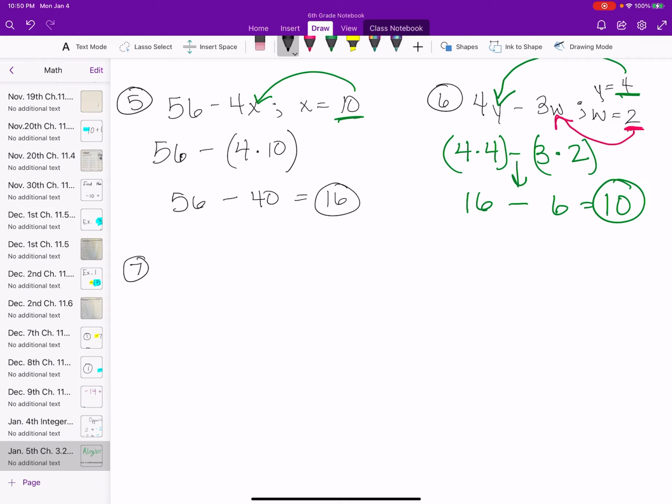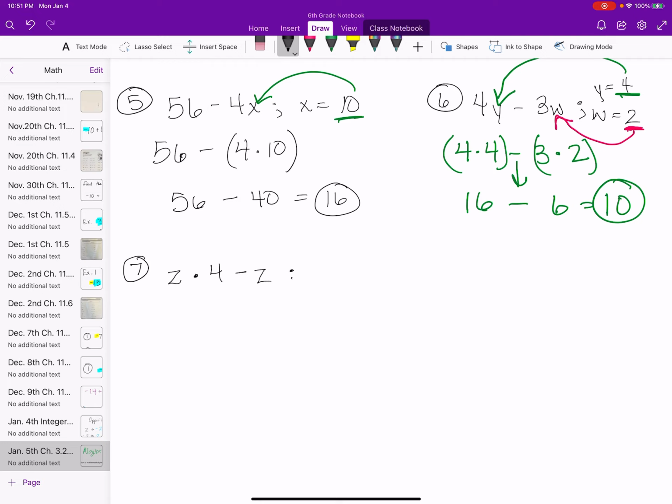Let's do Z times 4 minus another Z, okay?